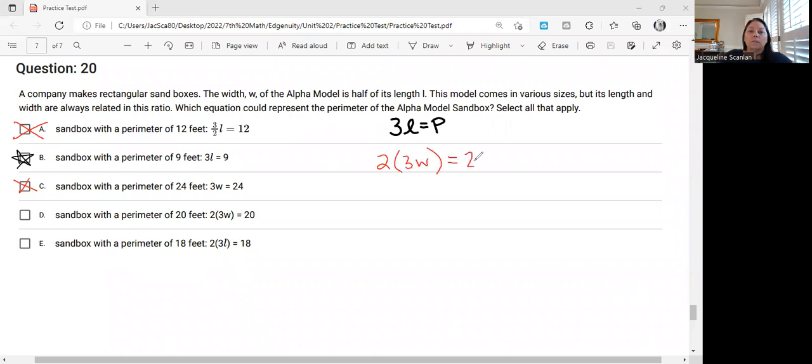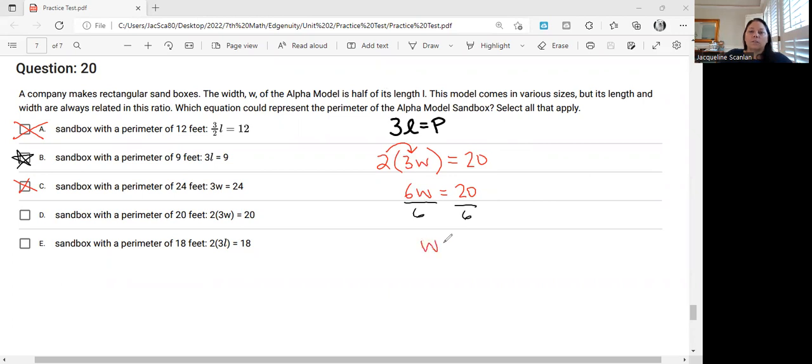All right, so to solve this, I'm going to multiply 2 times 3W. 2 times 3 is 6. So 2 times 3W is 6W. And then to solve the equation, I'm going to divide both sides by 6. Yuck. I can see I'm going to end up with a fraction.